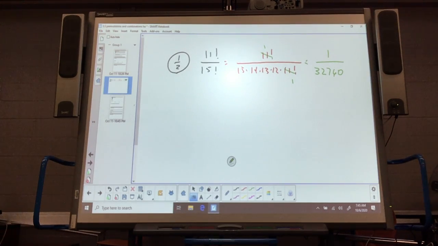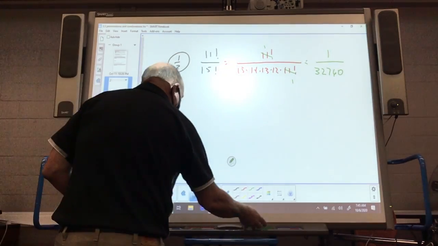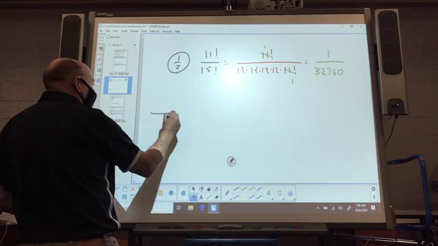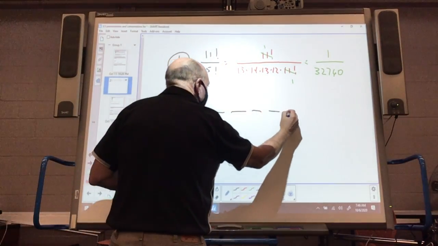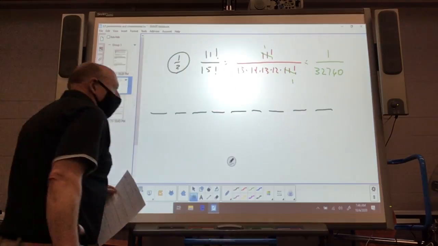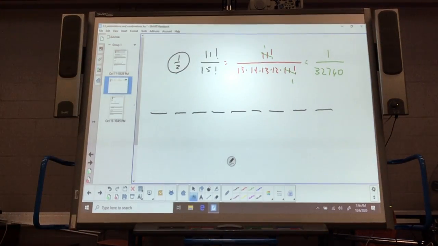Okay, number 2. How many ways can a baseball manager arrange a batting order of 9 players if he has 11 players to choose from? Once again, you'll see on my solutions I give you, I will put a lot of blanks there.